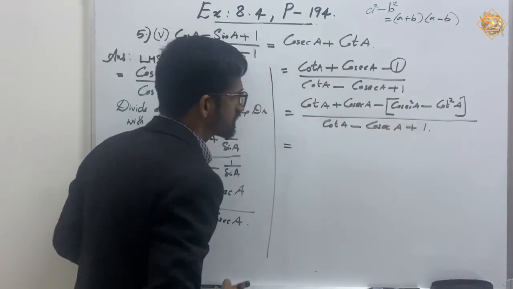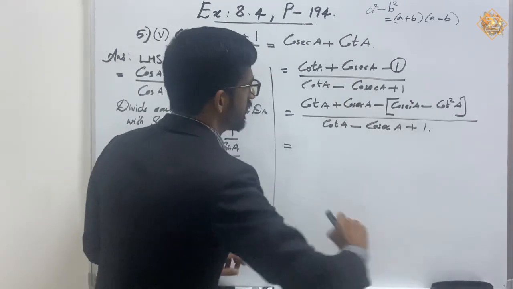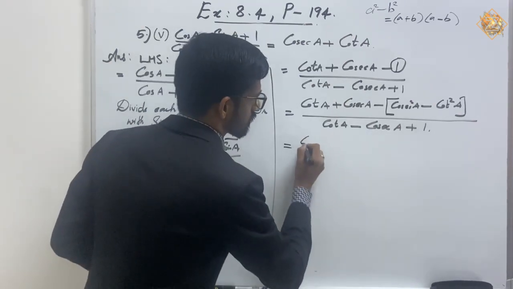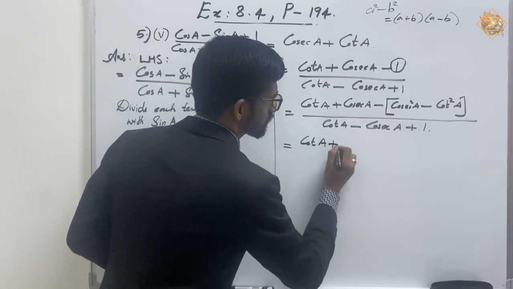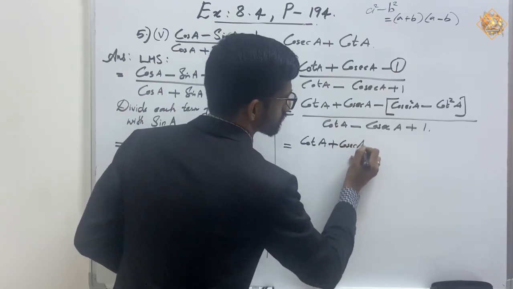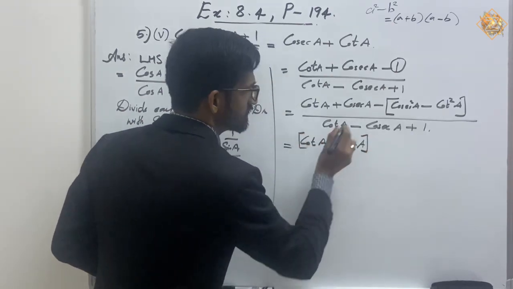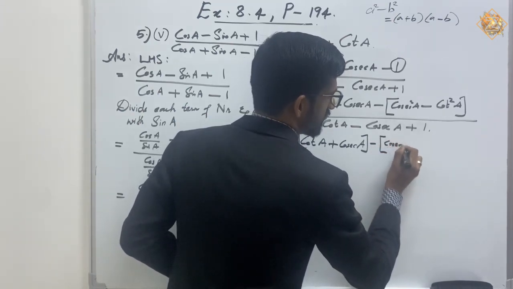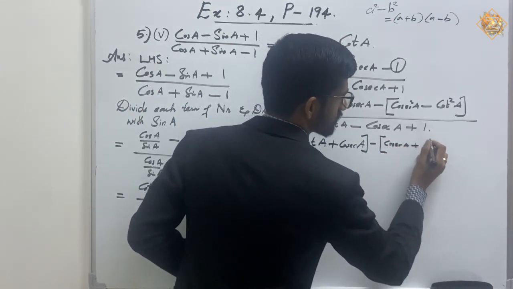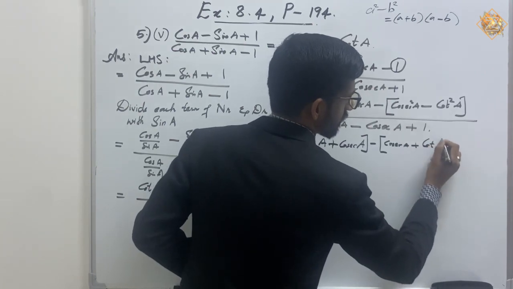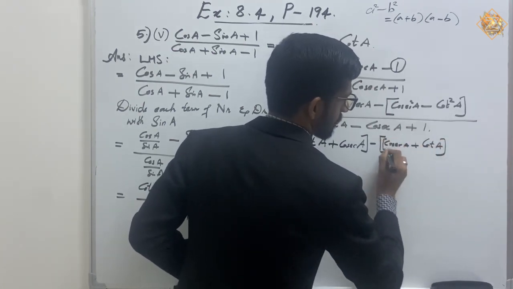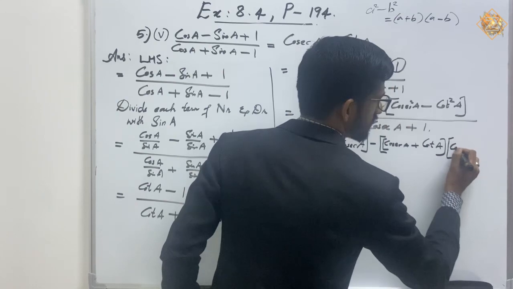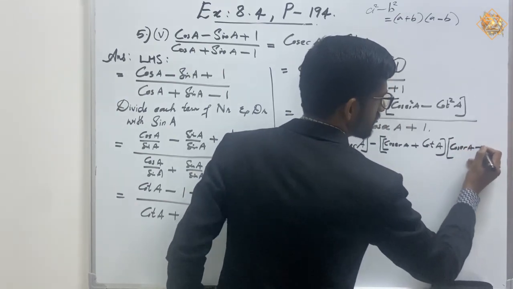Here there is no change, so that will be cot A plus cosec A. This bracket we can again expand as cosec A plus cot A into cosec A minus cot A.